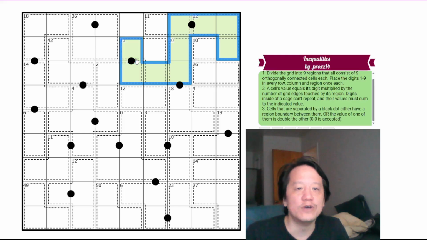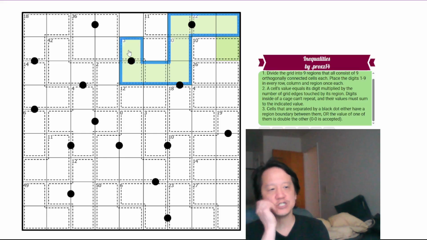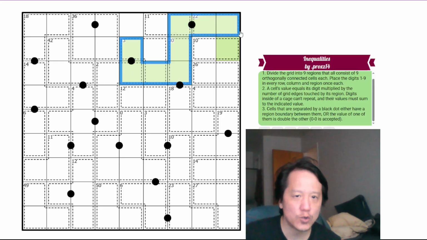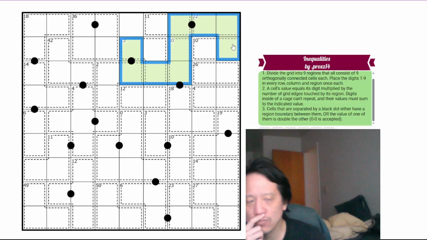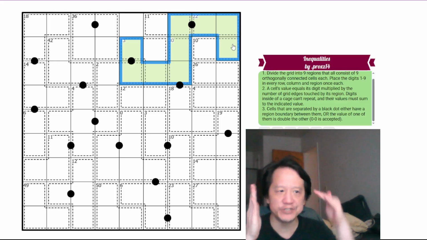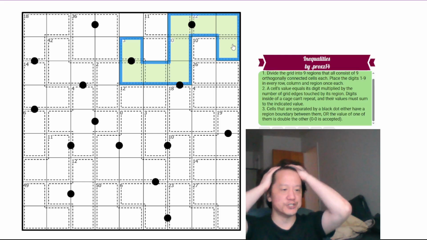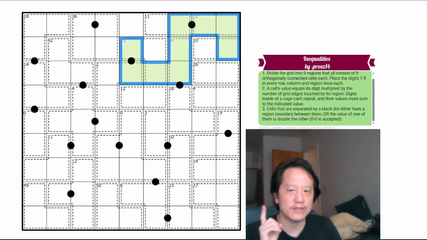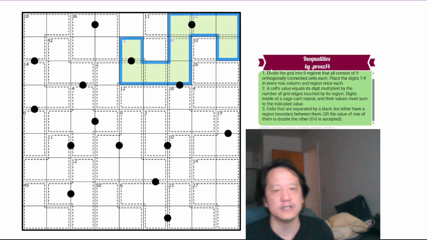The value of each cell in this region would be 2 times the digit in the cell. That would occur for the entire region here, because that region touches 2 grid edges. Again, digits in a cage cannot repeat, and their values must sum to the indicated sum.